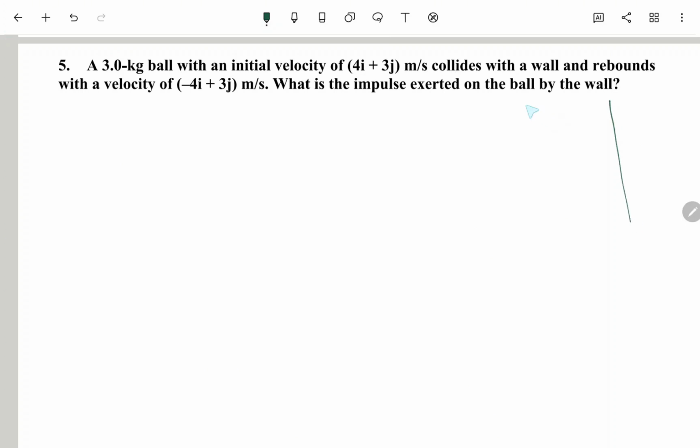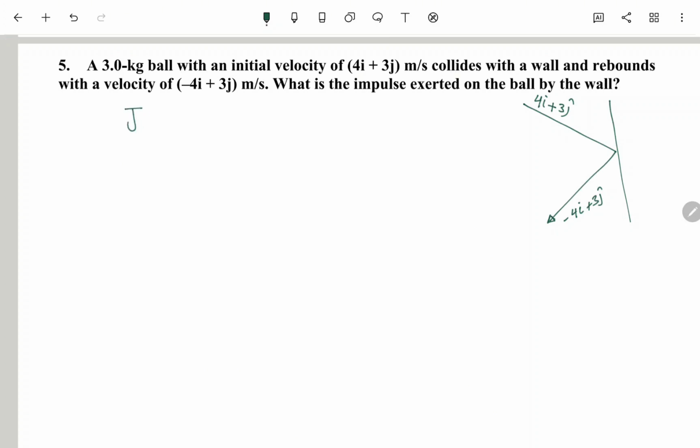A ball collides with the wall with velocity equal to 4I plus 3j and rebounds like this one here with velocity minus 4I plus 3j. Now we would like to calculate here the impulse.